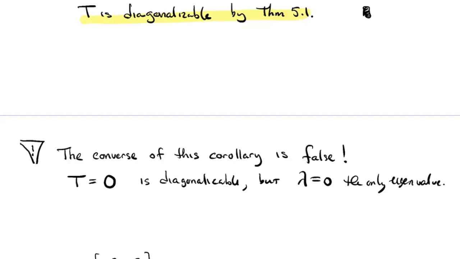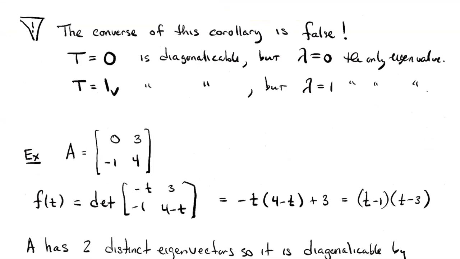Another example of the sort of opposite extreme is if you take T to be the identity map. The identity map is diagonalizable, but it only has one eigenvalue as well. All right, so just because you're diagonalizable doesn't mean you have a full suite of eigenvalues, but if you do, if you have n distinct eigenvalues, the dimension of V is n, you're always diagonalizable.